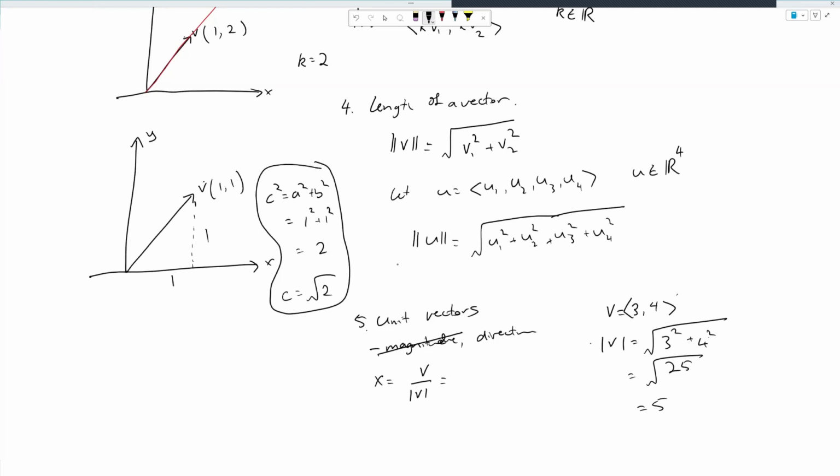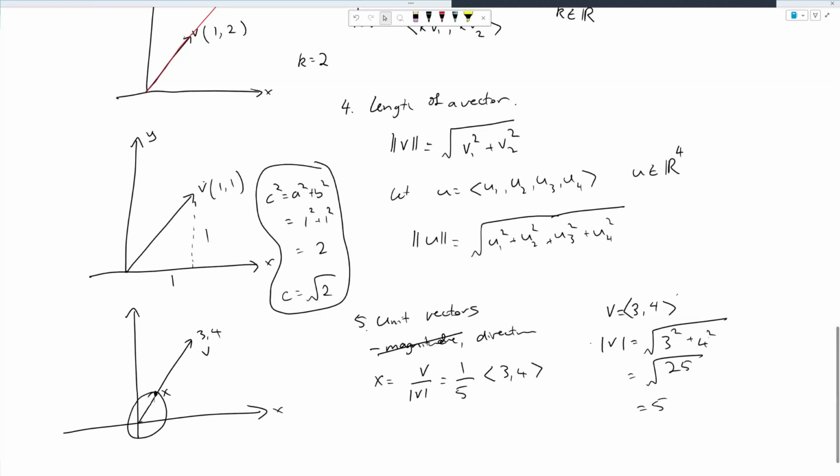So essentially what this will give us is 1 on 5, and then the vector 3, 4. So that's a unit vector. Essentially, we're just descaling, so unstretching, I guess you could say, a vector. So if I call this 3, 4 here, then the unit vector will be somewhere over here, and that's x, and this would be v, so you're scaling it down.